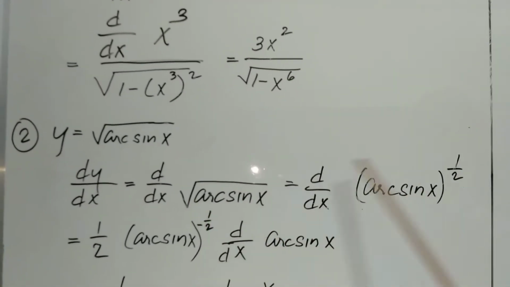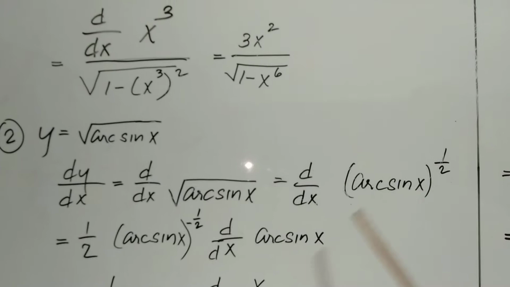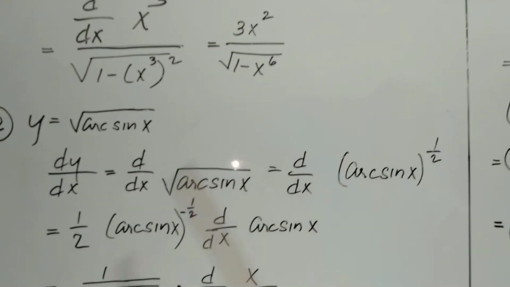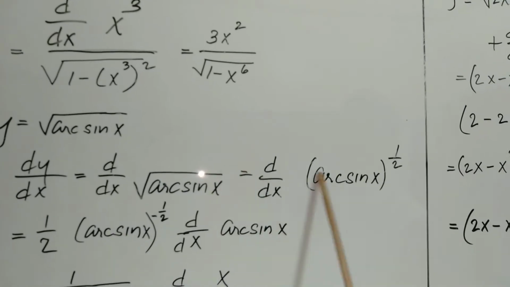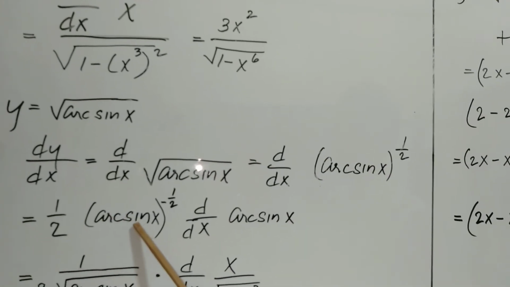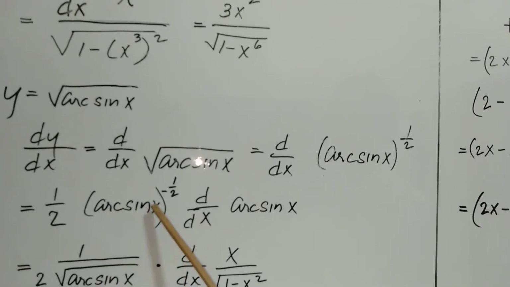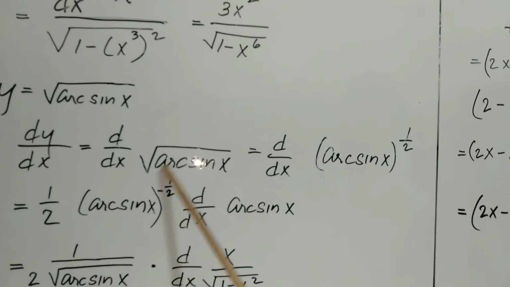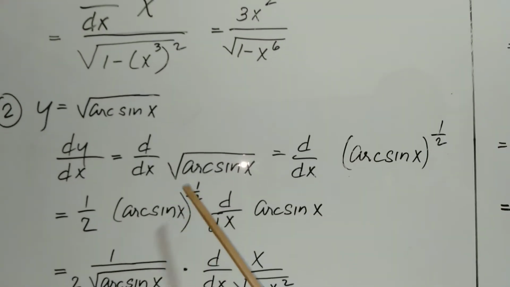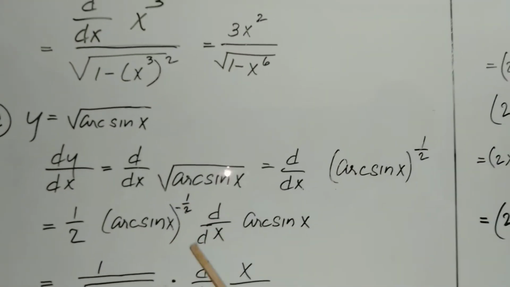To continue, we bring down the exponent 1/2, so we have arcsine x raised to negative 1/2, since we subtract 1 from 1/2.